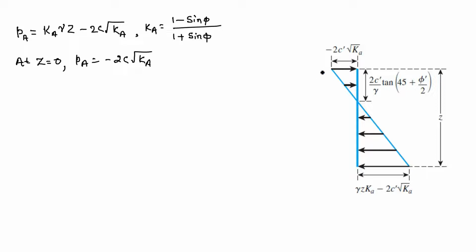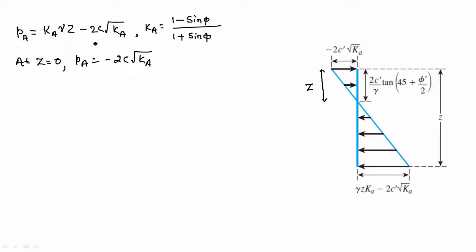Here you can see initially at the top the stress is negative, and that is called tensile stress. At a certain depth z you can see the pressure is 0. So can we find this z value? Yes, we can find it by putting Pa equal to 0 in this equation.